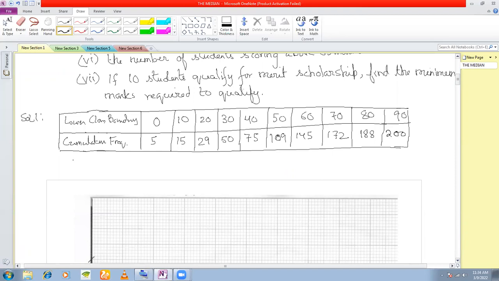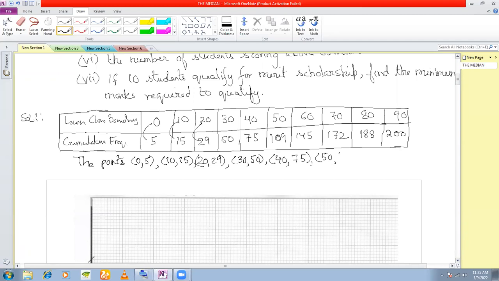So what points are we plotting here? The first point is X coordinate 0, Y coordinate 5. Next point 10, 15. Next coordinate 20, 29. Next 30, 50. Next 40, 75.